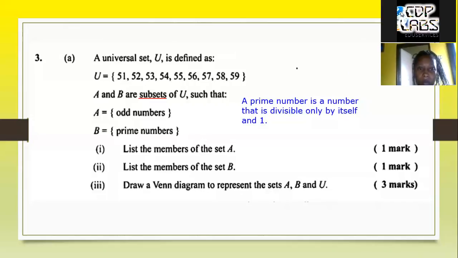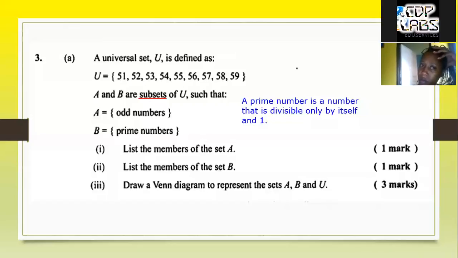Let's test 55 now. Well, obviously it's not, because you can divide it by 5, and 55, and 1. So it is not a prime number. Let's try 57.